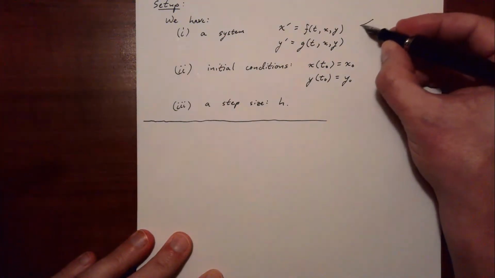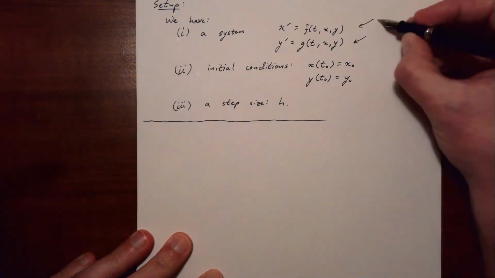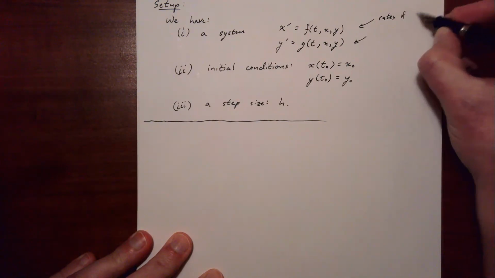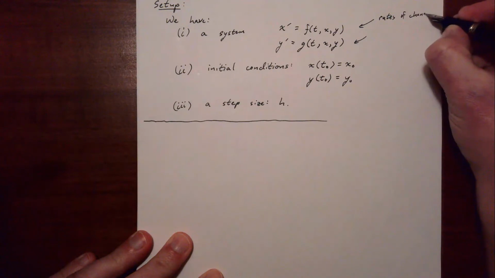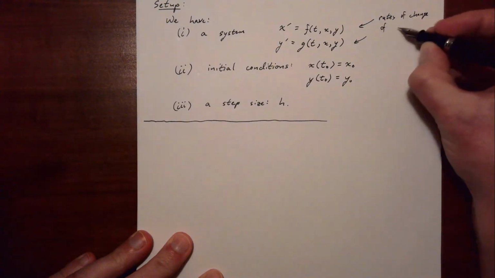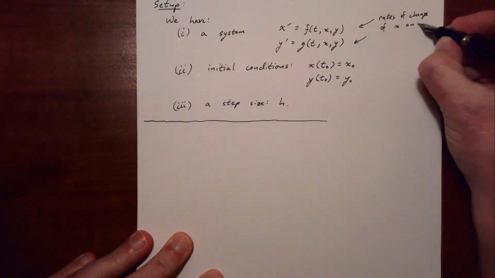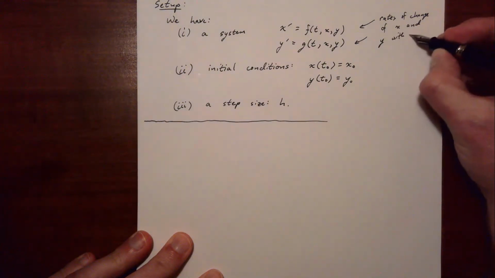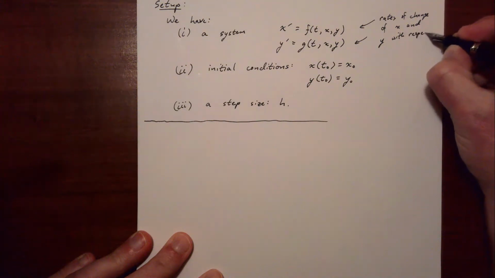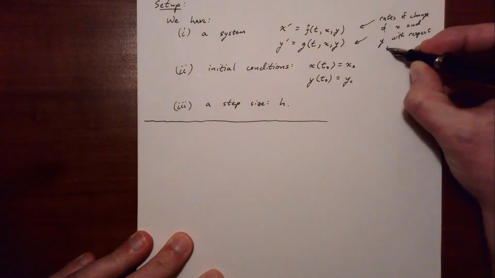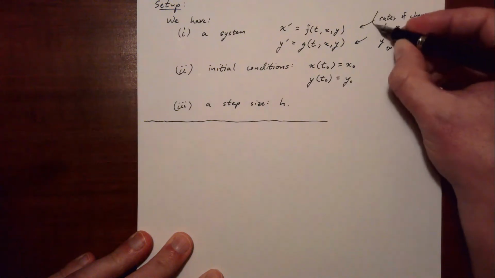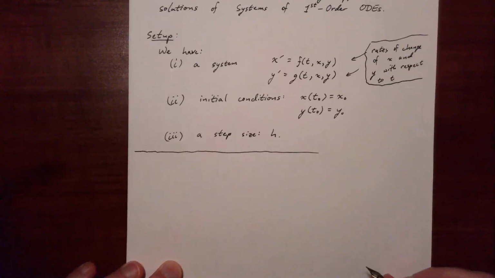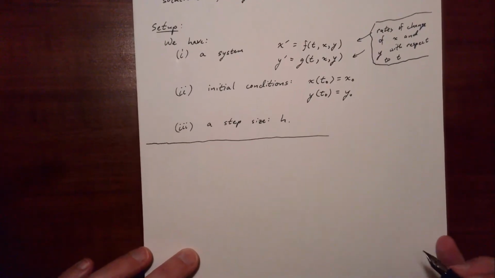So just as a note here, these represent the rates of change of x and y with respect to t. That's what it means to be a derivative after all, is to be the value of the rate of change.